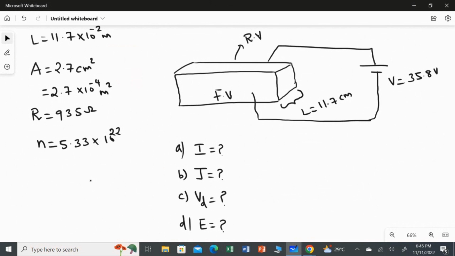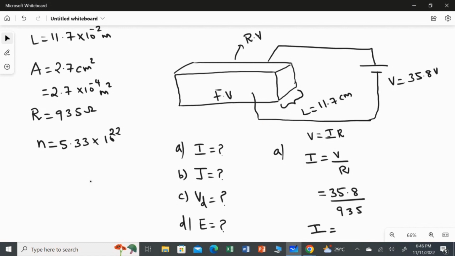First we are going to find the value of the current. I'm going to use Ohm's law: V equals IR. Therefore, I equals V over R. The voltage across front to back side is 35.8, and the resistance is 935. So 35.8 over 935 gives the amount of current.